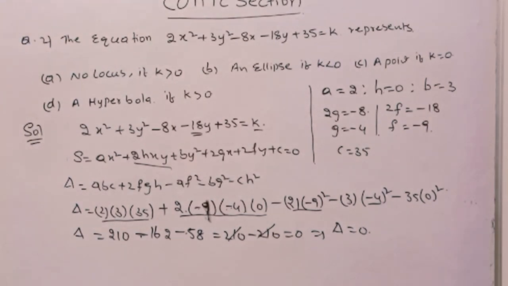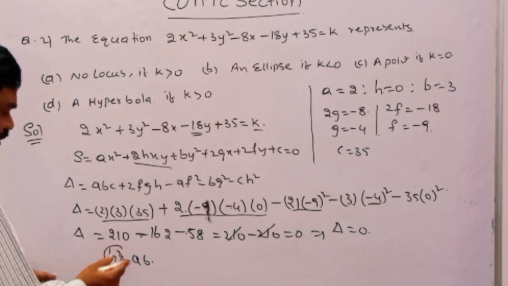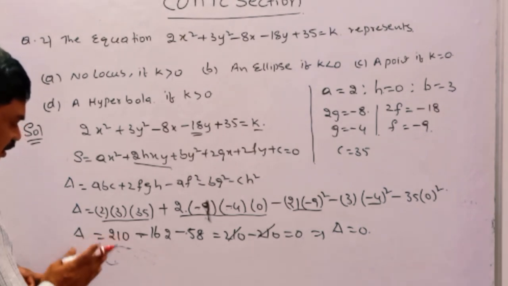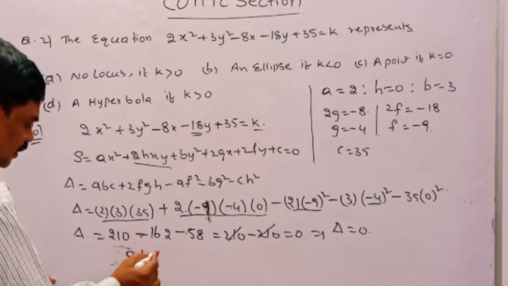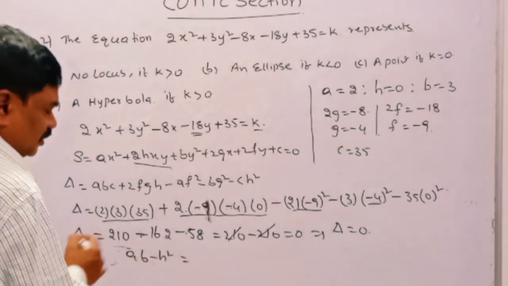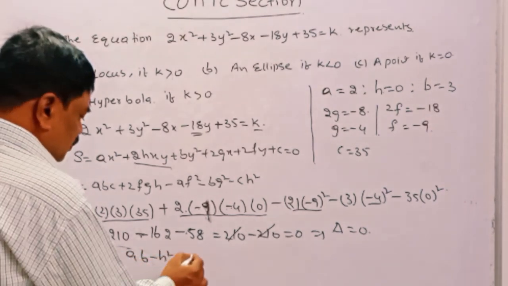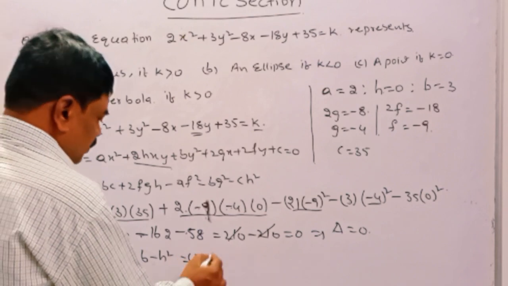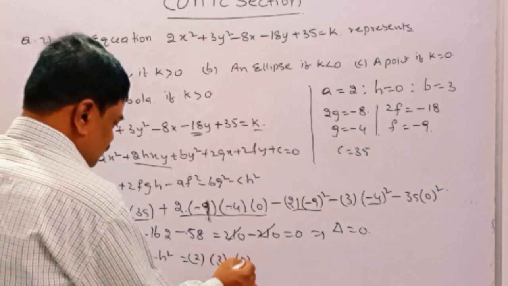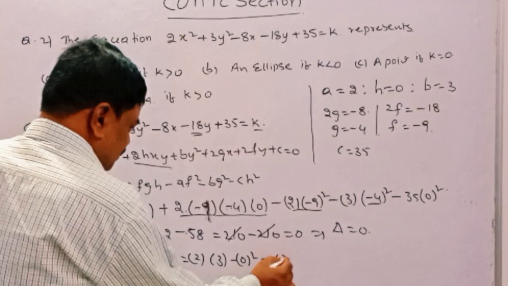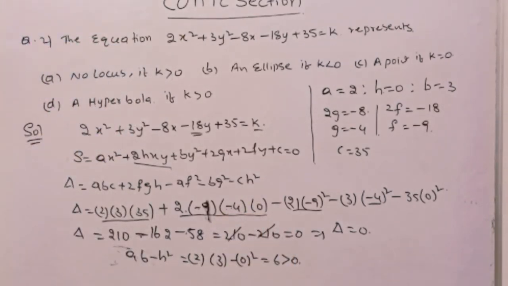And also you find h² − ab, that is ab − h². ab − h² = 2 × 3 − 0² = 6, which is greater than 0.